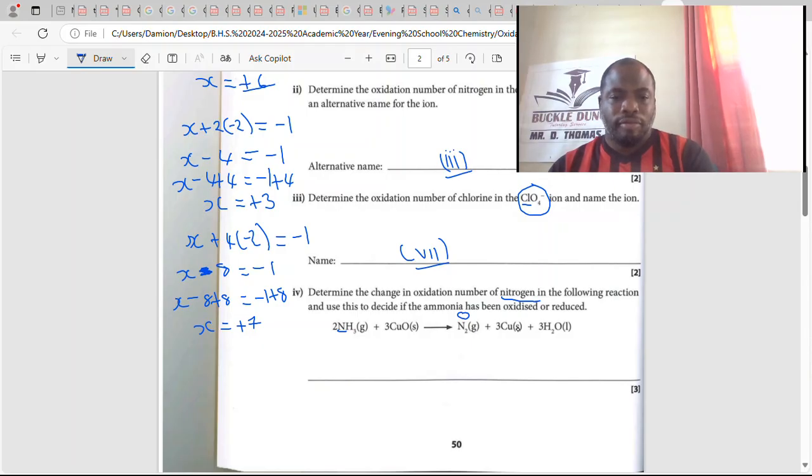Hydrogen has an oxidation number of +1. You said the hydrogen, right? I didn't hear you clearly, but I'm hoping that's what you said. The oxidation number for the hydrogen is +1.